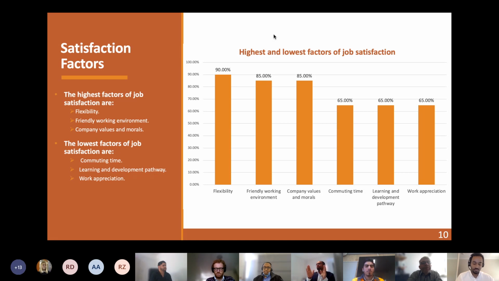As you can see from the title of the graph, it is indicating the highest and lowest factors of job satisfaction. What we used in our survey is what we call a Likert scale, and to analyze the Likert scale, we calculated all the answers that participants put in the survey, and we found that 90% of our answers showed that they are very happy with the flexibility of their work.